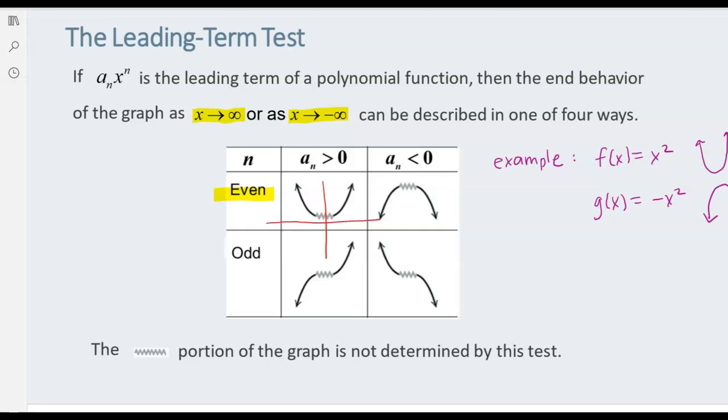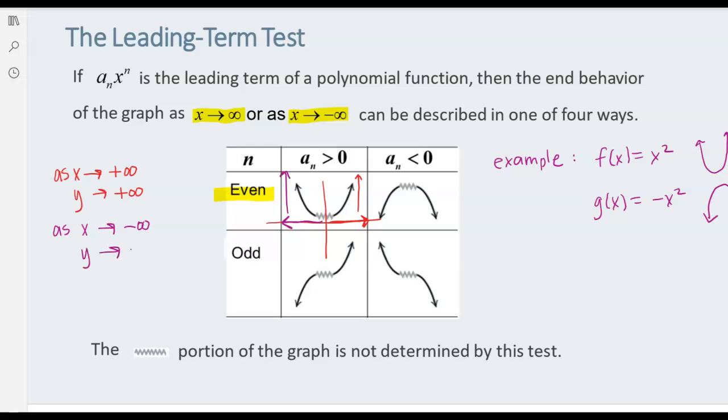As I move in the direction of positive x, that would be going this way, right? What's happening to the y values? As x goes towards positive infinity, y is also going towards positive infinity. On the flip side, as x moves towards negative infinity, what's happening with the y values?